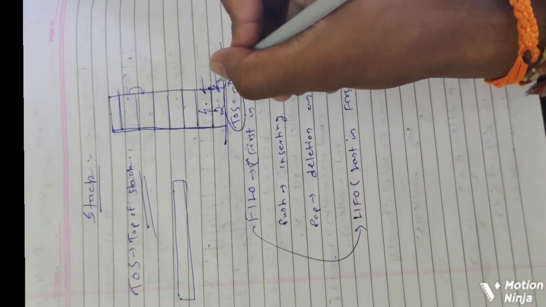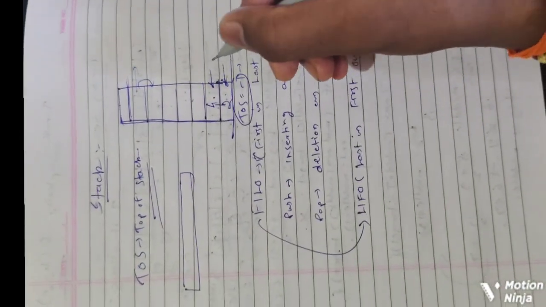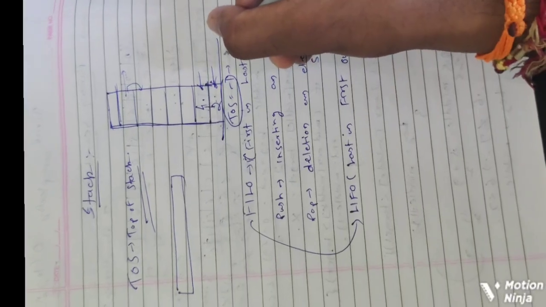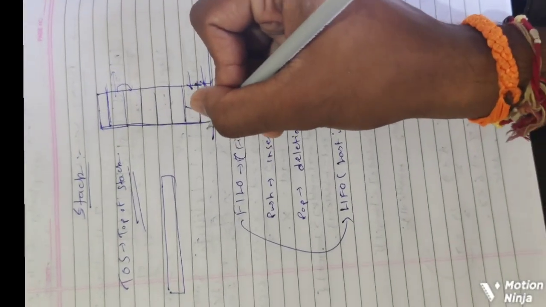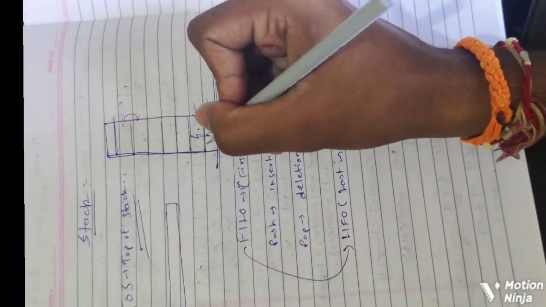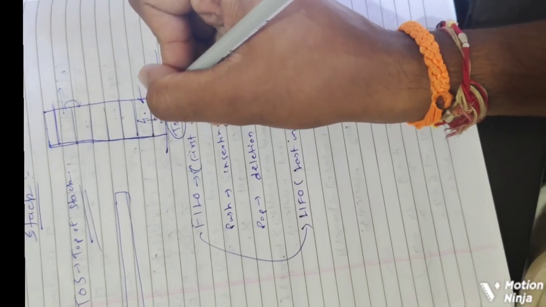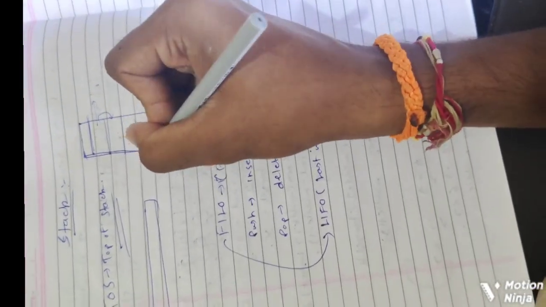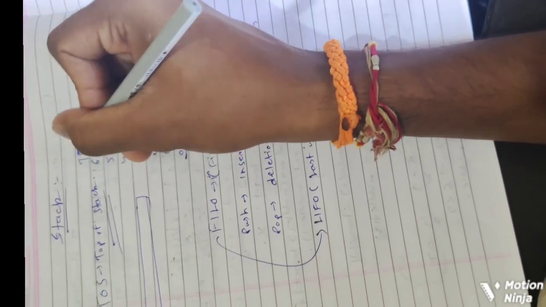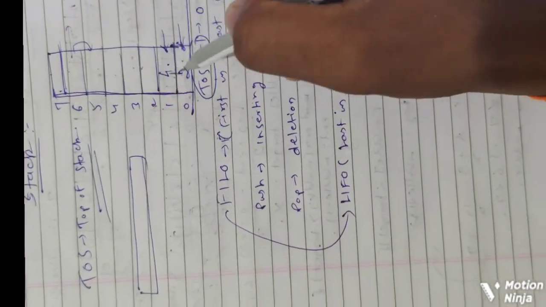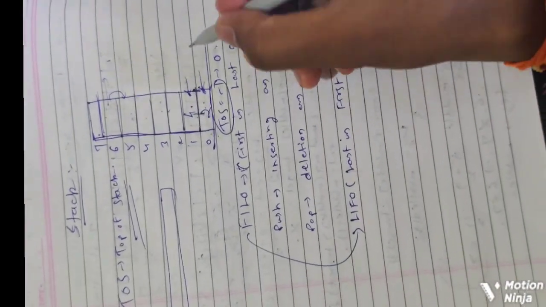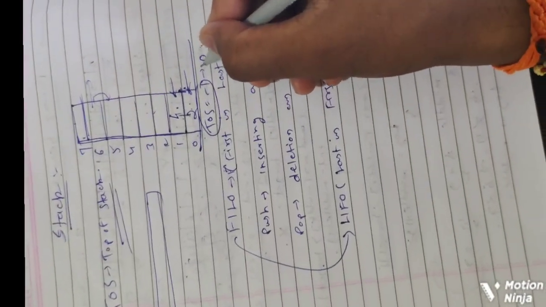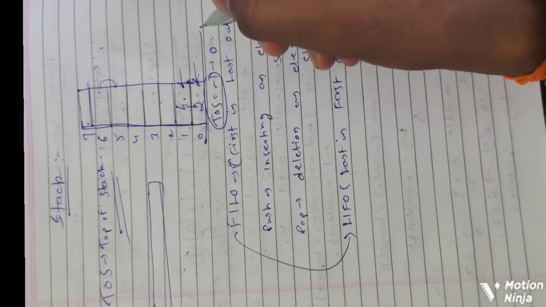Whenever we push the first element, TOS is incremented from -1 to 0. The stack has the same indexing as an array: the first index is 0, then 1, 2, 3, 4, 5, 6, 7. We start from the 0th index and move forward. TOS initially is -1, and it increments by 1 whenever we insert an element.